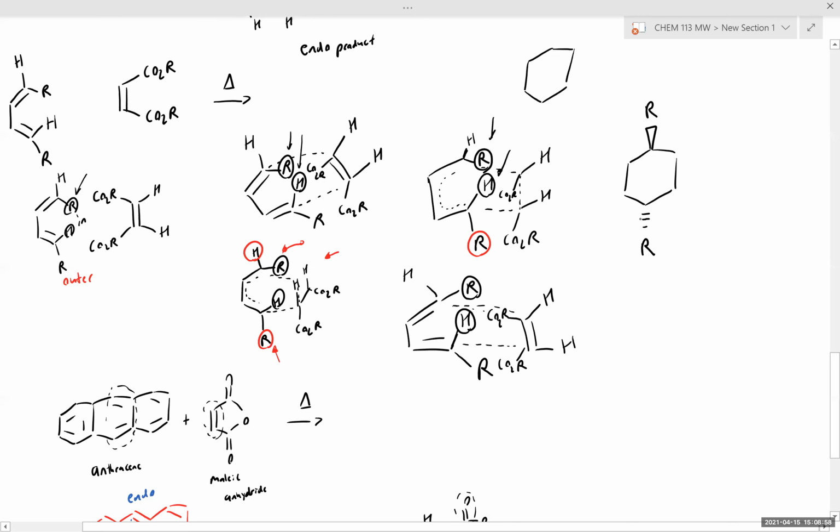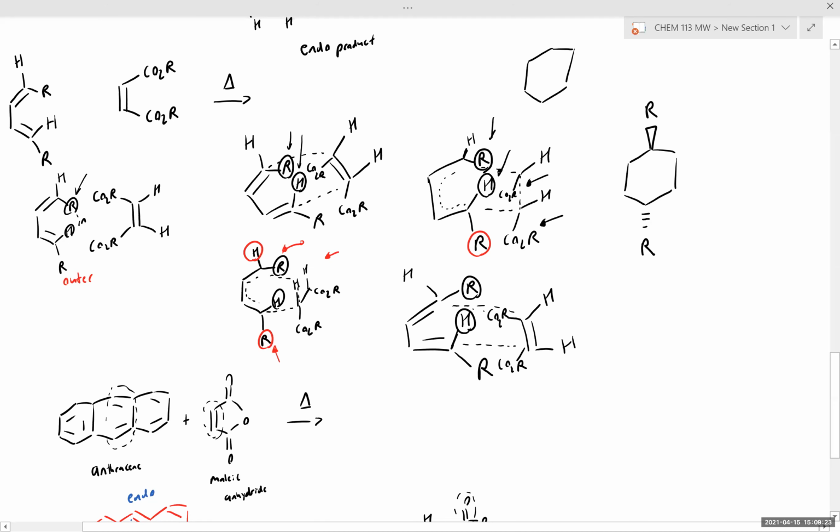So now that we've assigned the relative stereochemistry of these R groups, let's assign the most important stereocenters, which are the stereocenters for these two carboxylates. So for these carboxylates, are they pointing up or down based on this approach and based on this transition state drawing?